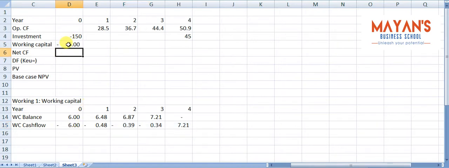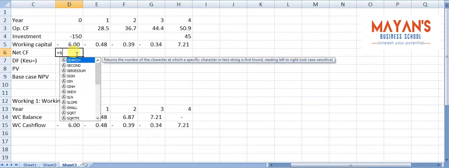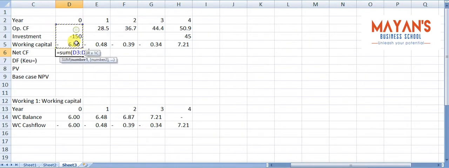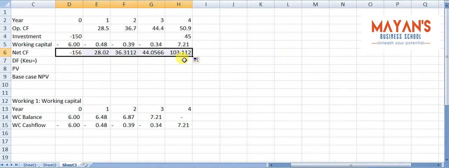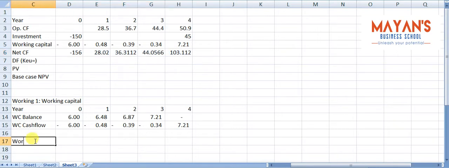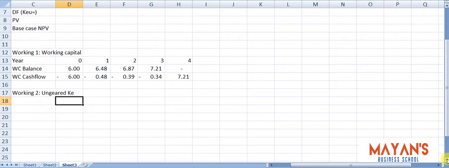Let me link these things here. So net cash flow will be like this. Discounting factor, working number 2. Ungeared KE. How do you get that? They have given you the beta asset. It was very easy. So you simply have to apply the capital asset pricing model.